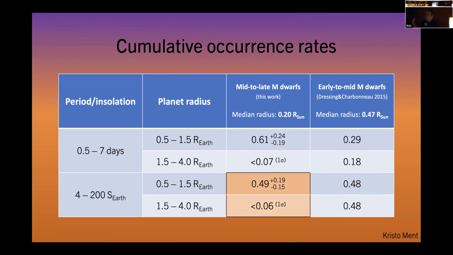We estimate the terrestrial planets to be overabundant by about a 14:1 ratio over larger planets. Whereas for early dwarfs, the numbers are roughly the same. So I think this is a very interesting result, that planets orbiting the smallest mass stars seem to be fundamentally different, at least for insolations larger than 4 times that of the Earth, so hot planets.